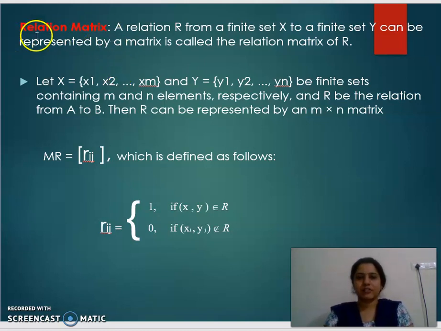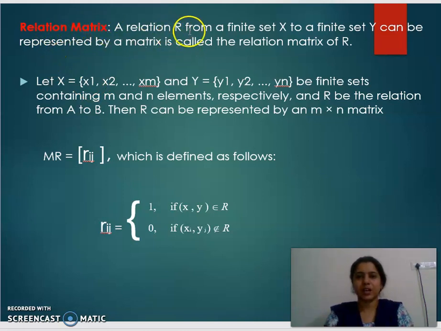So first, the relation matrix. As we already know what is a matrix, a matrix is an x by y dimensional structure, where rows are represented by the x dimension and columns are represented by the y dimension. So how to write the relation in a matrix form?